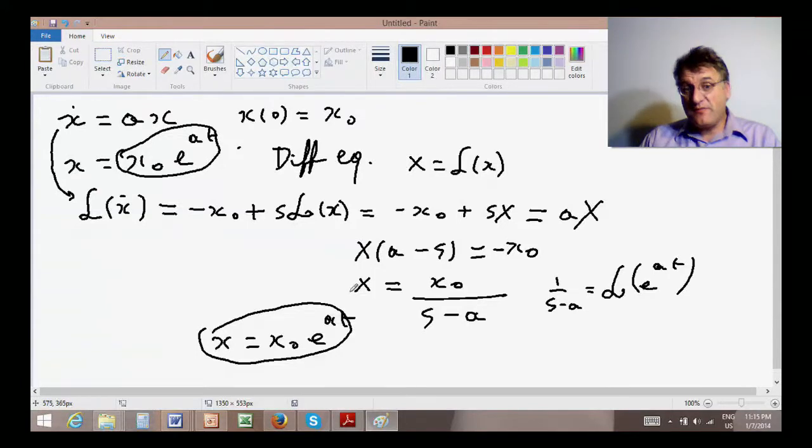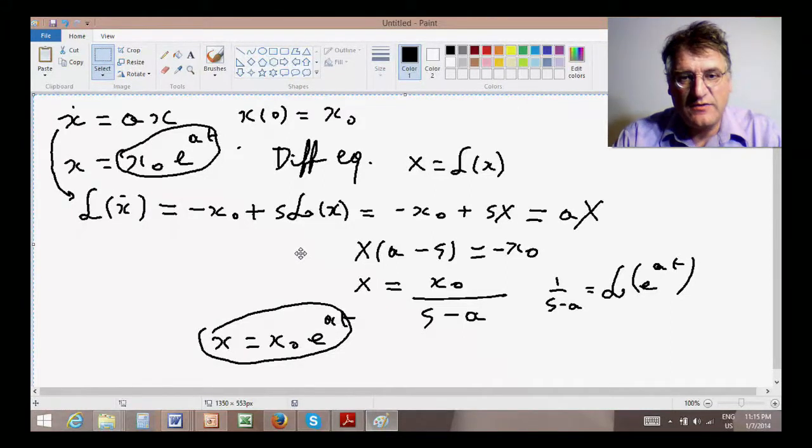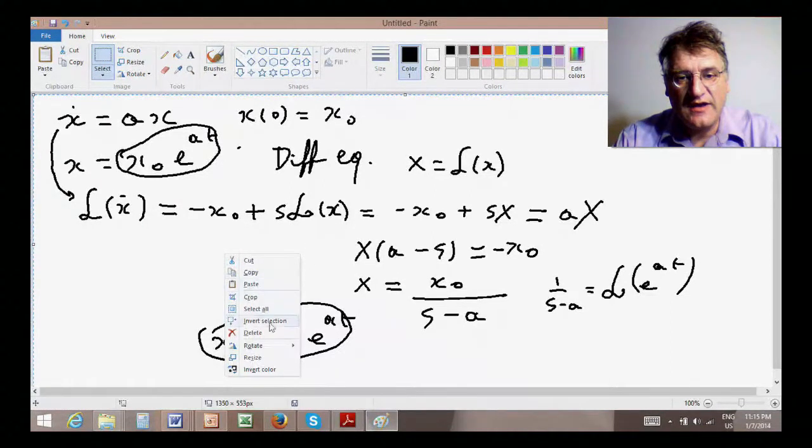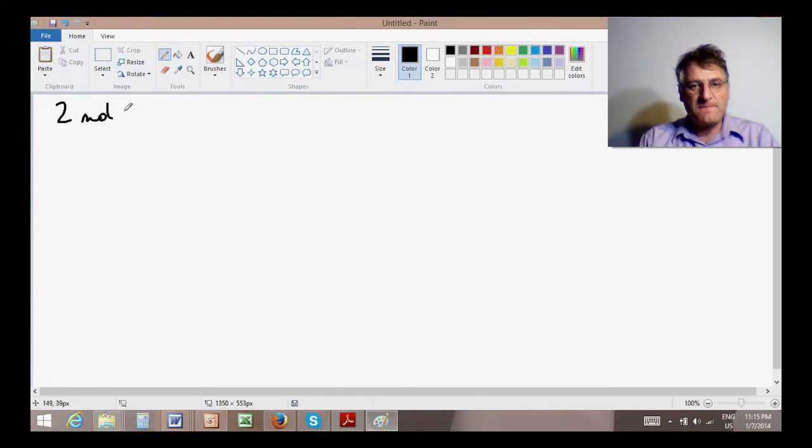Now, the very interesting thing is that you can use it to solve more complex differential equations without that much of a hassle. So what we're going to do is, for example, take a second order differential equation. Let me erase all this. We're going to look, as I said, into a second order linear DFQ.